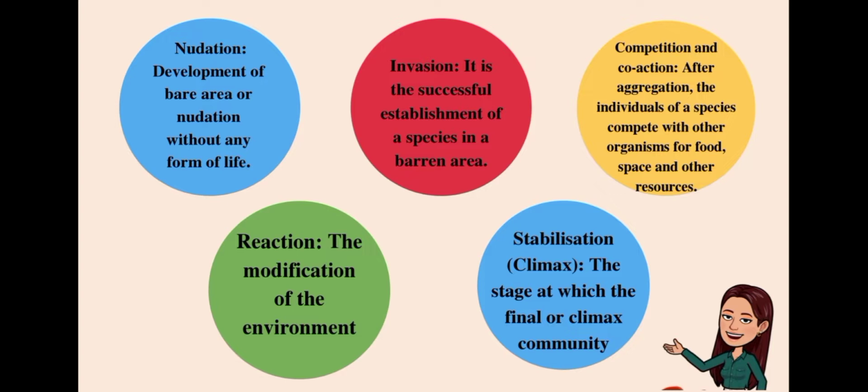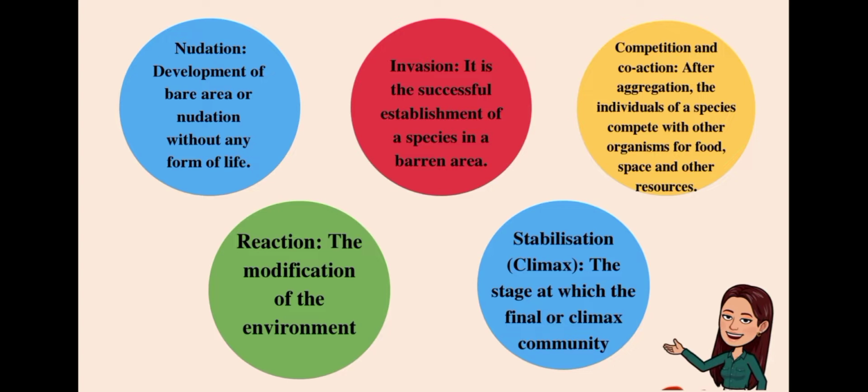Next, we have the competition and coaction. After aggregation, the individuals of a species compete with other organisms for food, space, and other resources. Therefore, there is a new invasion of flora and animals, and interaction with the environment occurs, as well as intraspecific and interspecific competition.